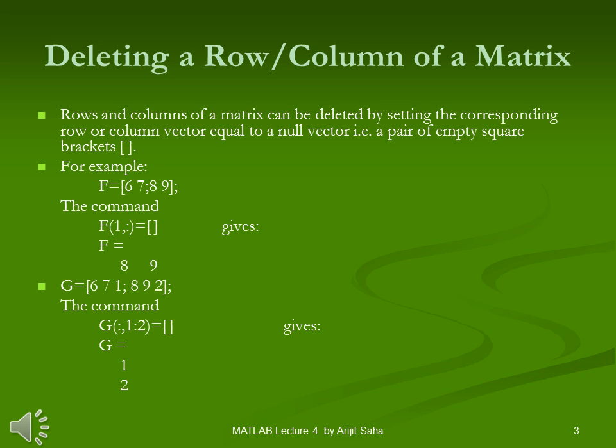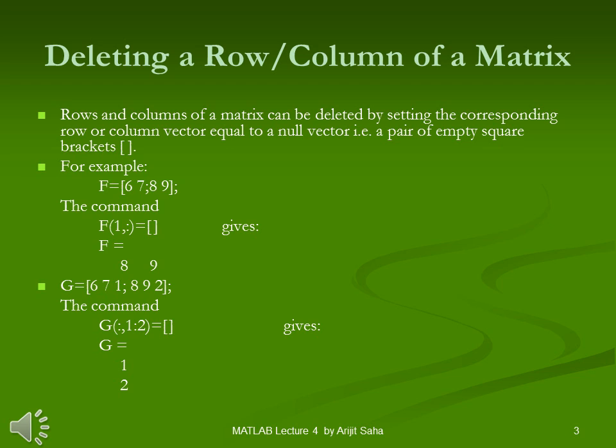How can we delete a row or column of a matrix? Rows and columns of a matrix can be deleted by setting the corresponding row or column vector equal to a null vector, that is a pair of empty square brackets. For example, f = [6 7; 8 9]. It means when we are separating it with a semicolon 8, 9, it becomes a 2 cross 2 matrix with the second row as 8 and 9.